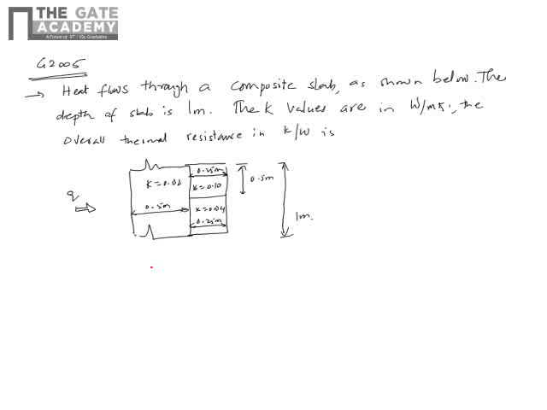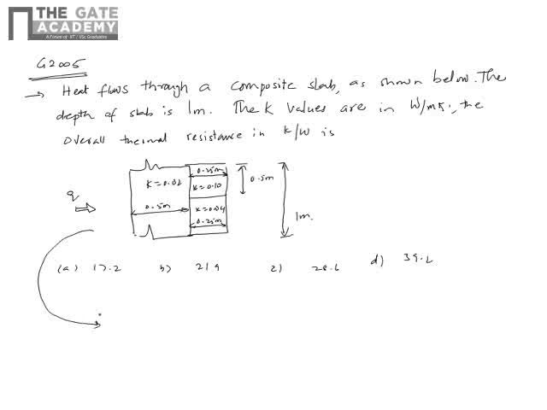So now let me try to build. The options are 17.2, 21.9, 28.6, 39.2. Let's try to build up a resistance diagram first for this problem, because once you build a resistance diagram, everything else will be very simple.